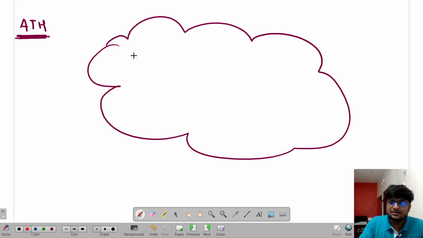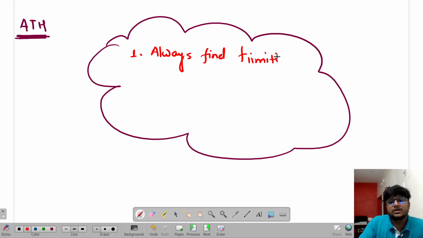Now, ATH says that whenever you are solving friction-related NLM problems, step one is always to find the limiting friction. This is why I taught you this in the beginning. What do you always have to find? Limiting friction.